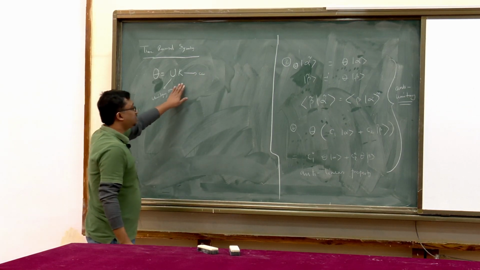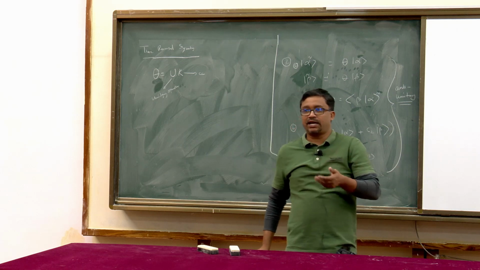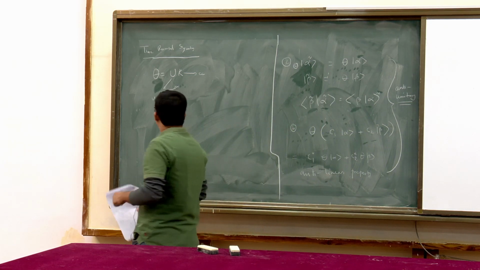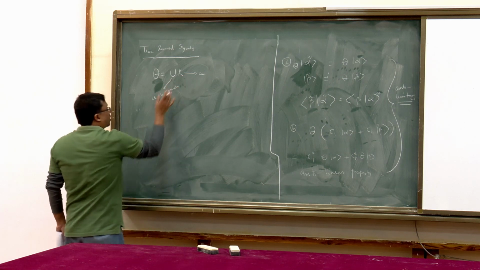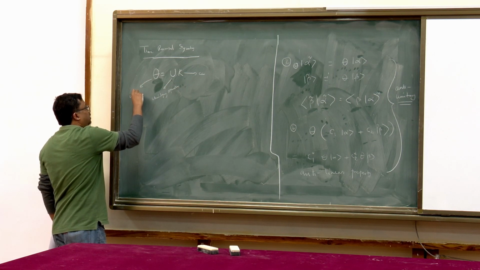All it does, if it hits some scalar, it will give you the complex conjugate of that. Together, if I take the product of these two, we will show that it is anti-unitary.